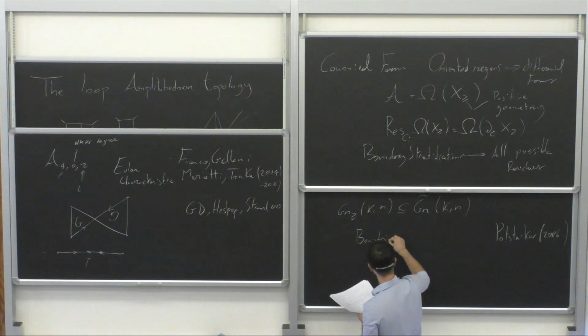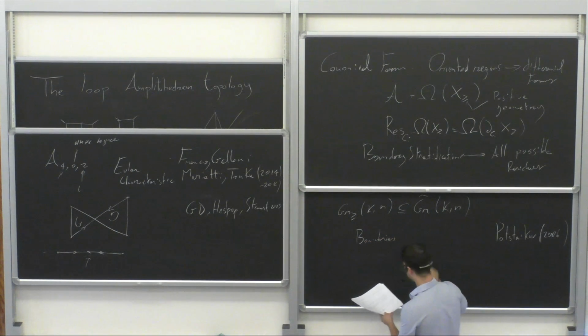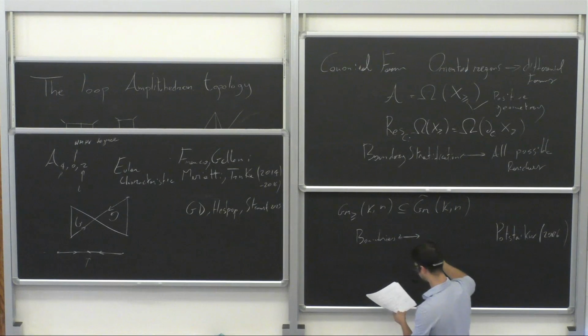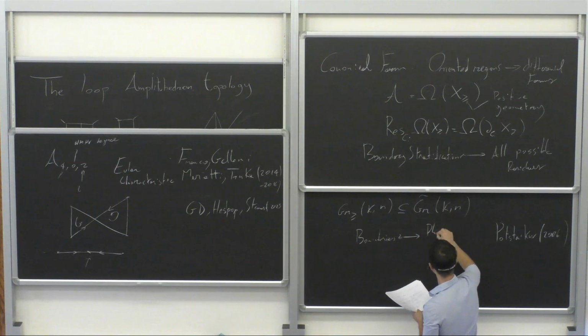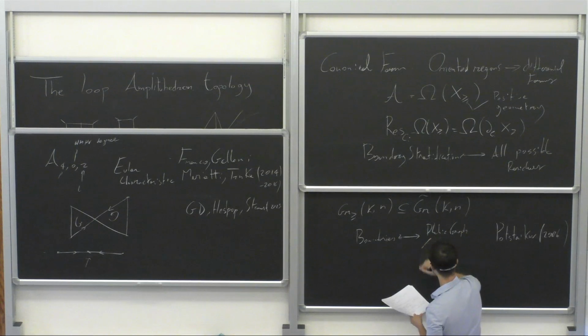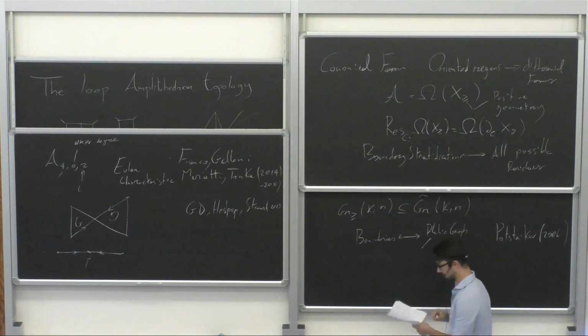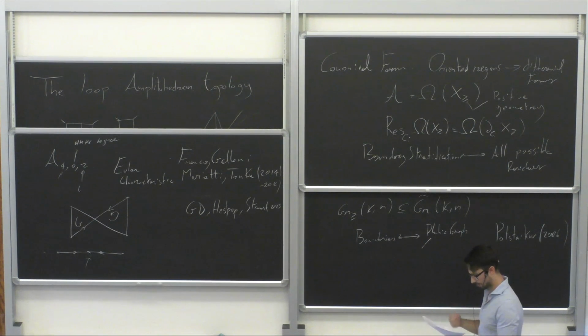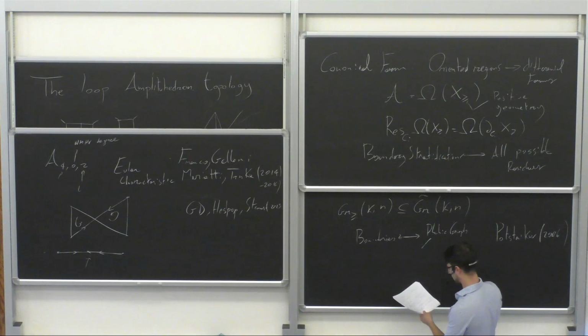So here we have a correspondence between boundaries and something called plabic graphs, or in our community, thanks to the works of Nima Arkani-Hamed and Jake Bourjaily and many other people, shell diagrams.